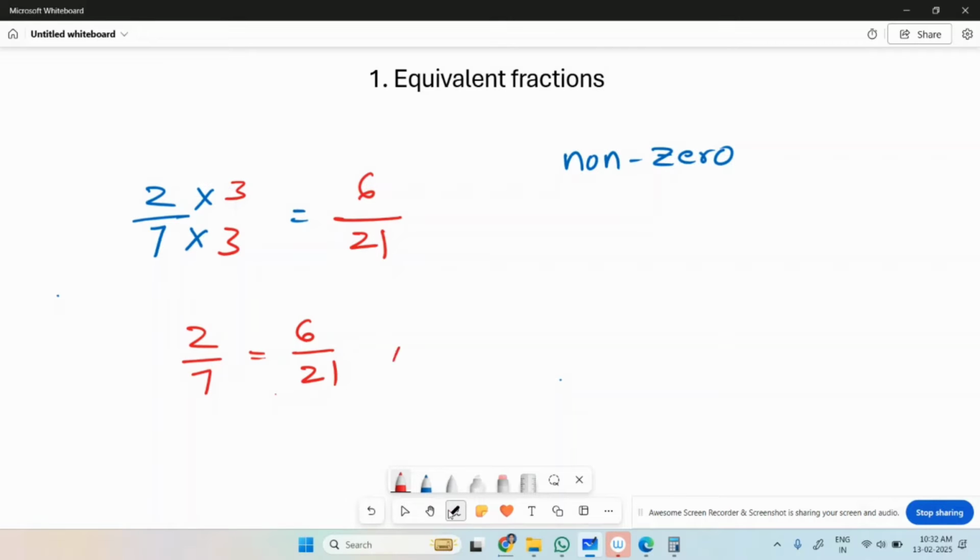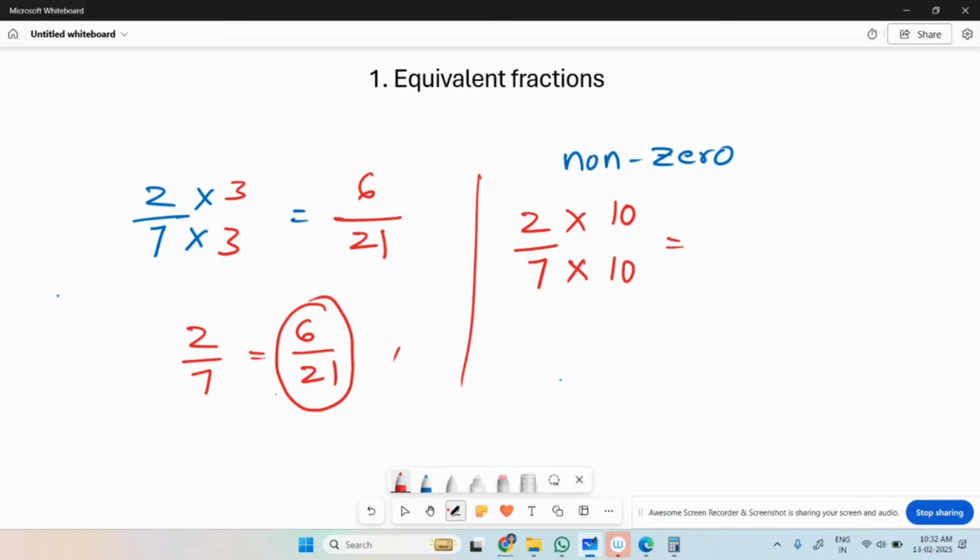Now you can also write multiple equivalent fractions for a given fraction. One of the equivalent fractions is 6 upon 21. Let's find one more equivalent fraction for 2 upon 7. Let's multiply by 10. 2 times 10 is 20, 7 times 10 is 70. So another equivalent fraction is 20 upon 70.